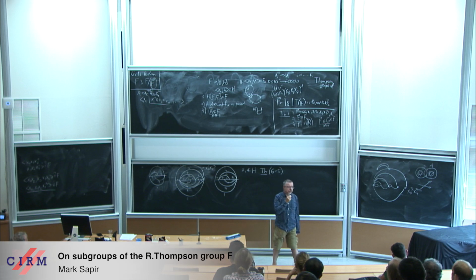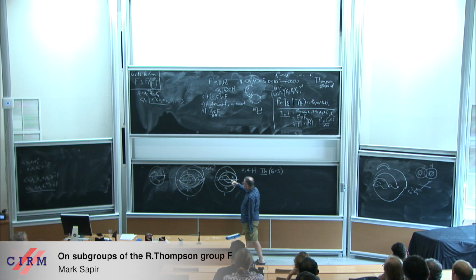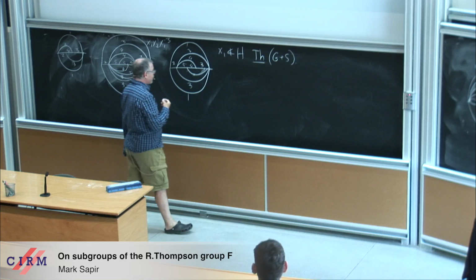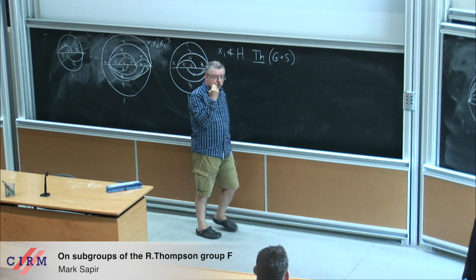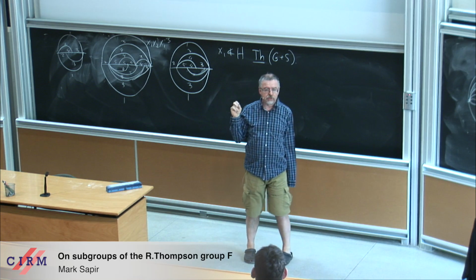And the algorithm is the following. Take the 2-automaton and consider the graph associated with that. Namely, the vertices of this graph are edges of the automaton.